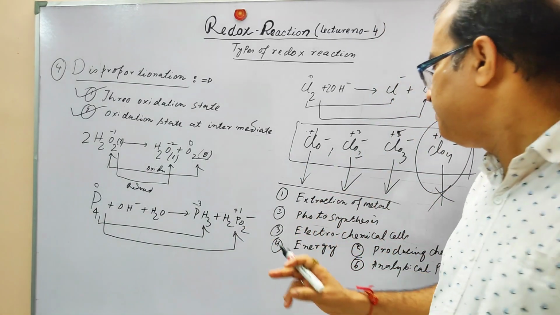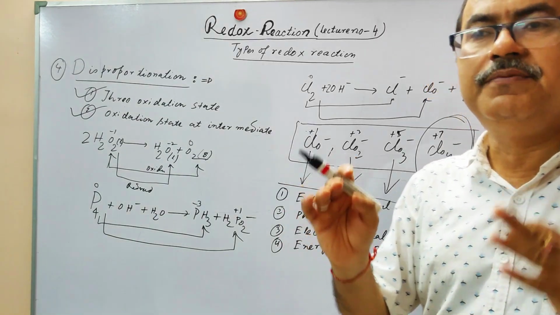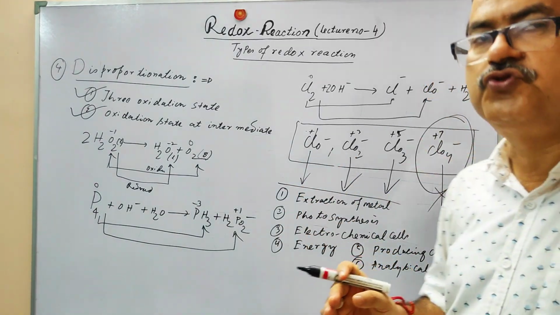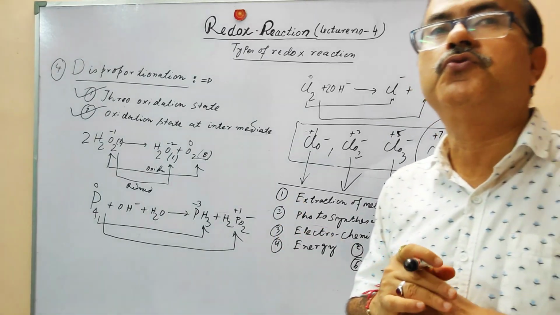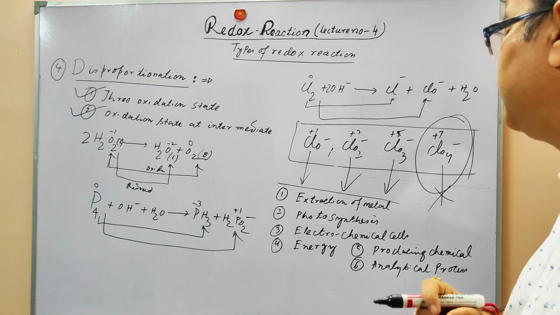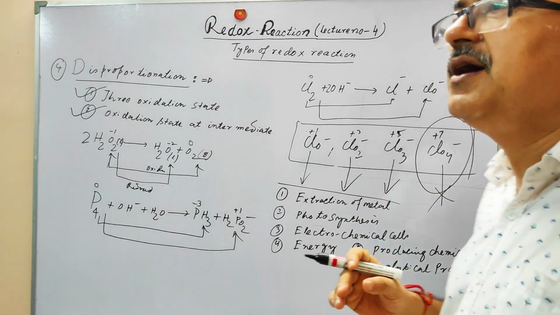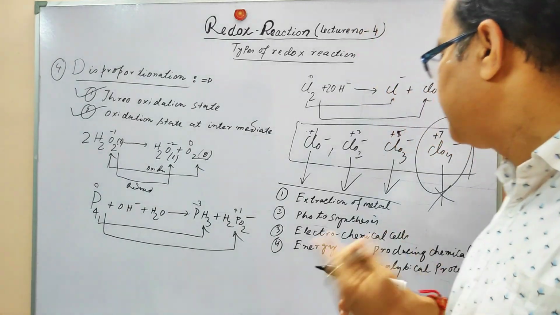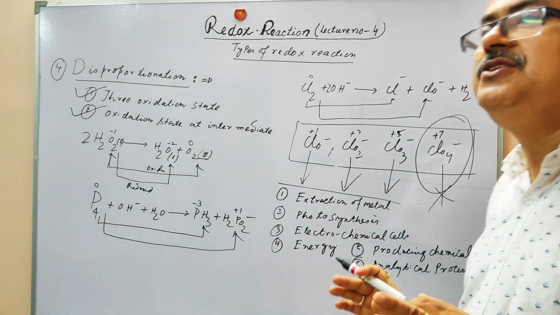Extraction of metal, then photosynthesis. We know plants are able to grow food and different things by the use of photosynthesis, and this is also an application of the redox reaction. Electrochemical cells we will discuss in detail in the electrochemistry chapter in class 12, and they produce energy.